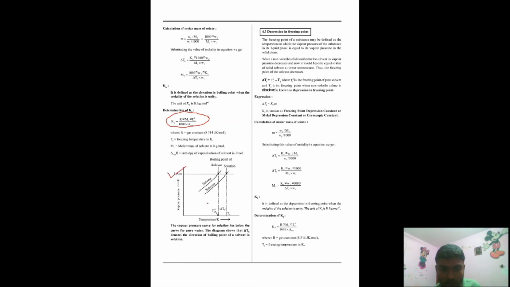This is very important. This actually shows how the vapor pressure curve gets affected with temperature. This is actually what explains the elevation in boiling point.